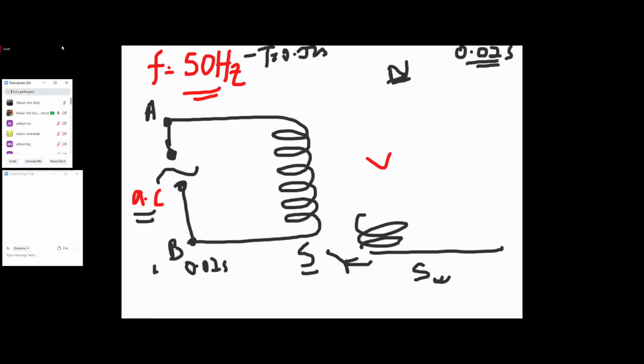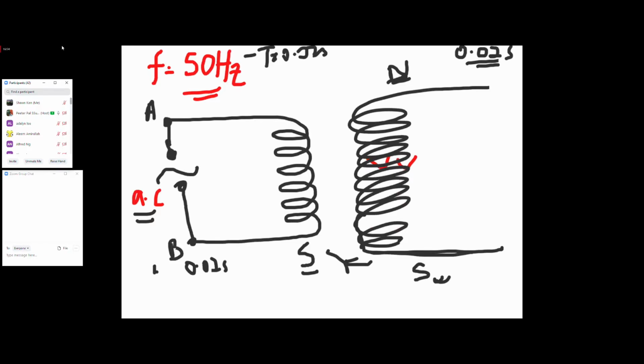Okay, when current changes direction, see what happens now. In the next 0.02 second, current changes its direction.